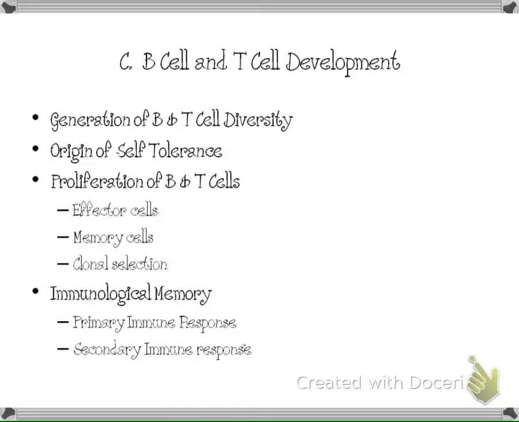B cell and T cell development. The adaptive immune system has 4 major characteristics. Diversity of lymphocytes and receptors is number 1. Number 2 is self-tolerance, and that's the ability not to attack yourself.